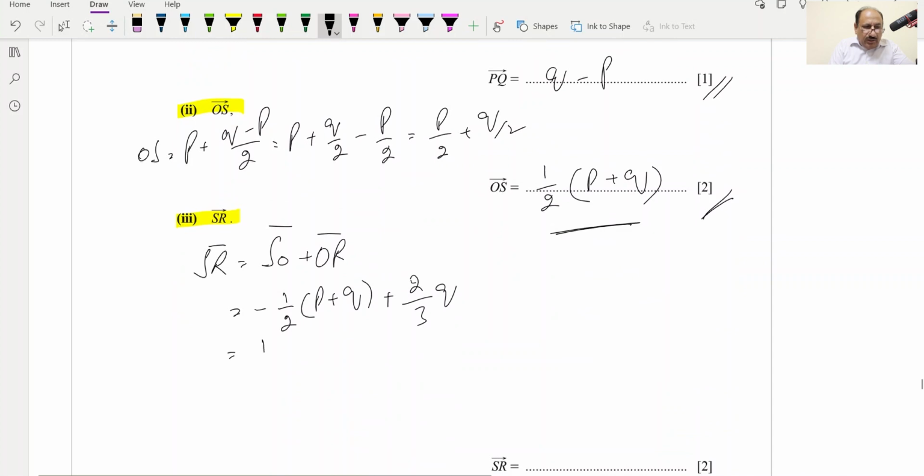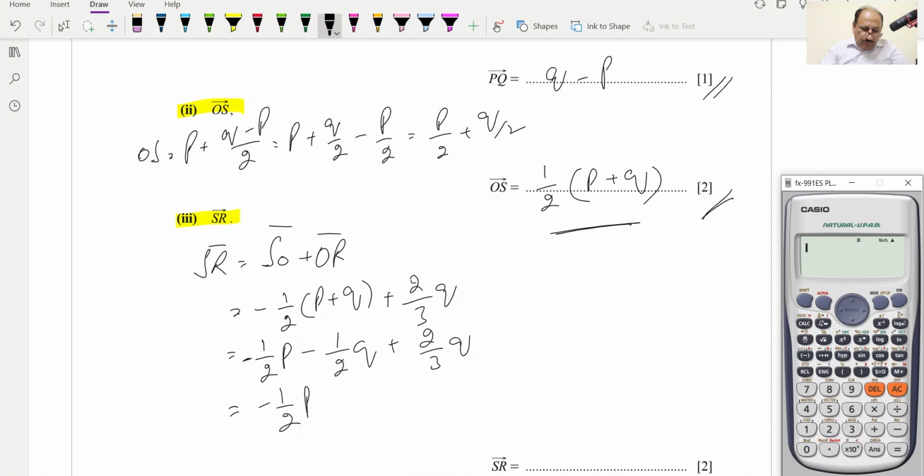This will be minus 1 by 2 P and minus 1 by 2 Q plus 2 by 3 Q. So this will be equal to minus 1 by 2 P, and we can simplify minus 1 over 2 and plus 2 over 3, not minus 2 by 3, it should be plus 2 by 3.